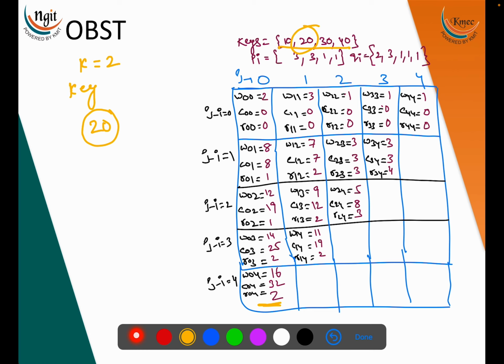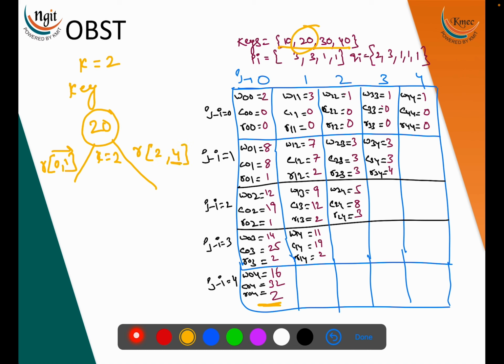Okay. Now, how to draw the binary search tree for this? I am just dividing it into left and right. Here k value is 2. The possibilities on this side are 0, 1. The possibilities on this side are 2 to 4, because I have 4 keys.